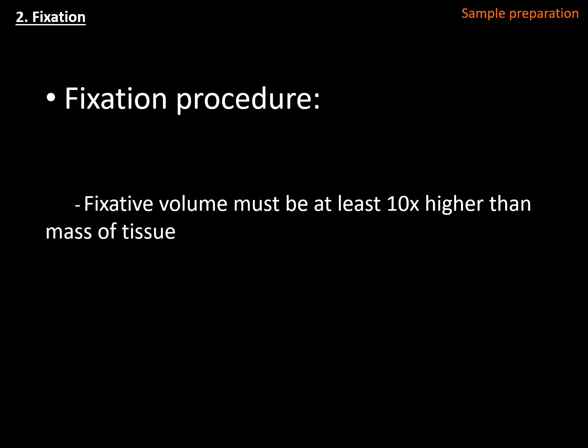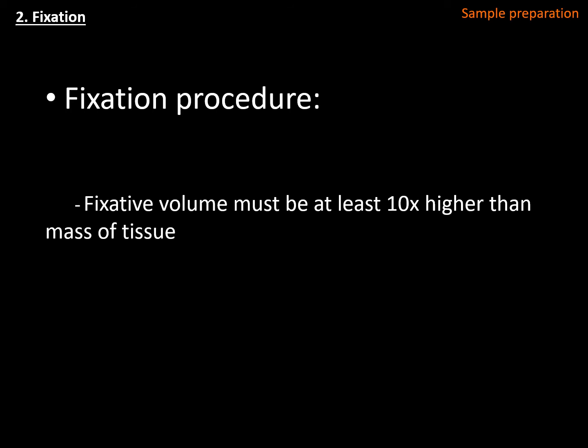And as I said before, this is a fixation step that requires some processing. As a rule of thumb, I always use a fixative volume that should be at least 10 times higher than the mass of the tissue. And this is especially because of adequate penetrability of your fixative into the tissue.